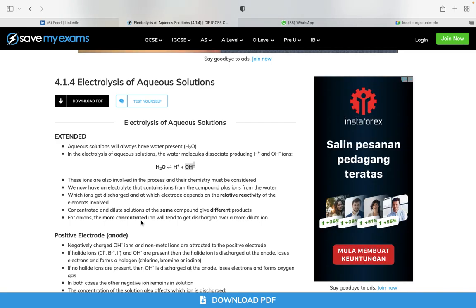Remember when I said that hydrogen is less reactive than sodium, so it migrates to the cathode instead of sodium.